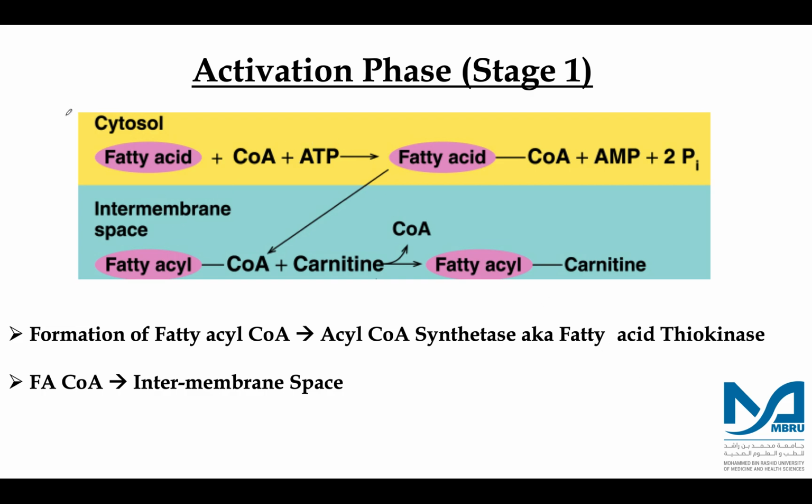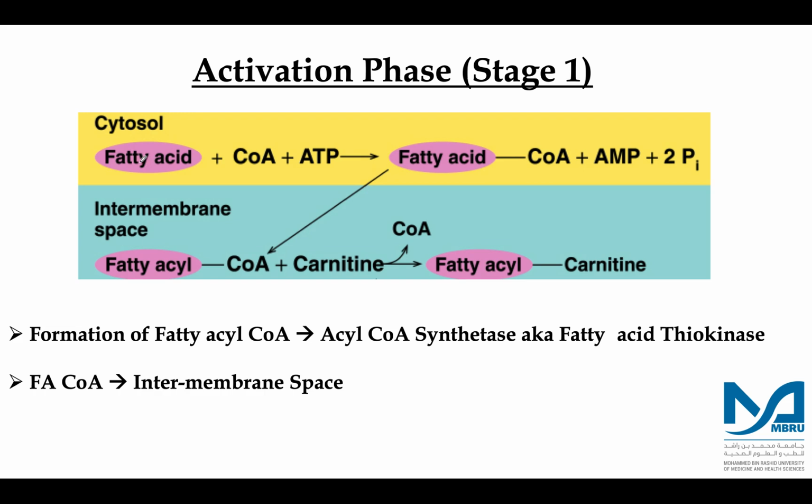So at the end of lipolysis, I have fatty acid which is present in the cytosol along with glycerol. I have already metabolized glycerol into dihydroxyacetone phosphate, but this fatty acid, in order to be metabolized further, needs to come inside the mitochondria.